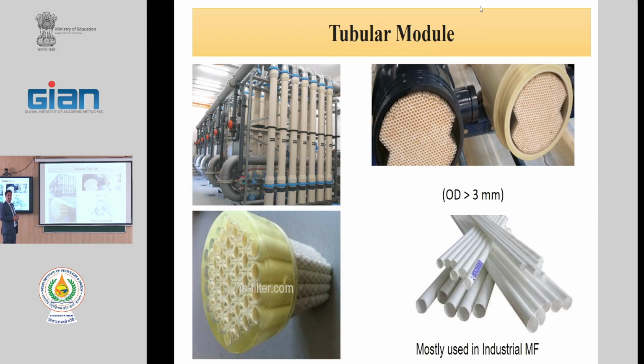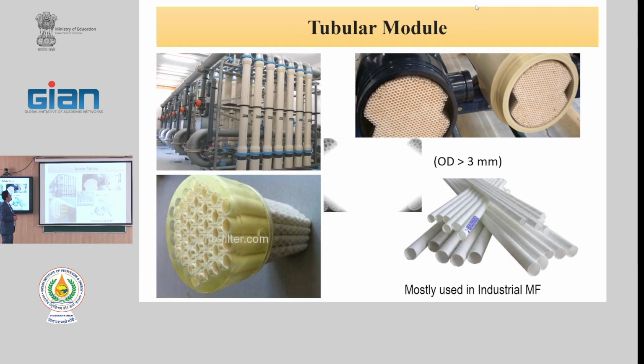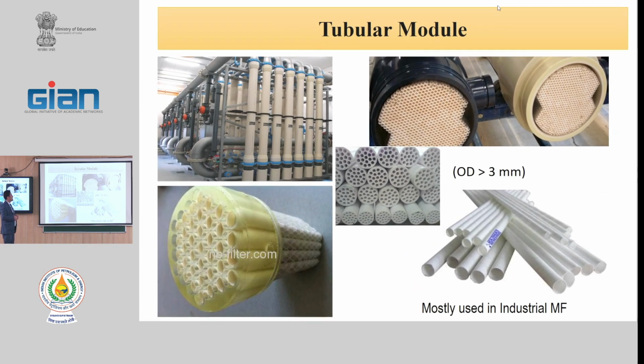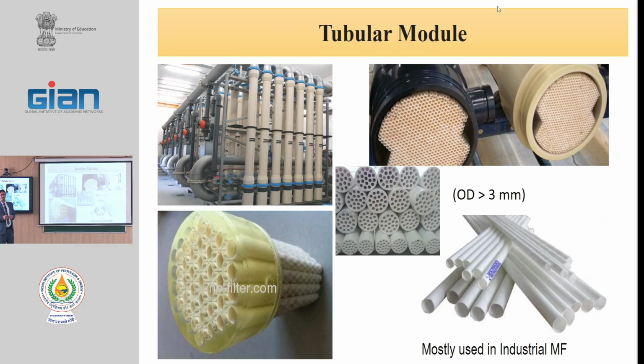It can be fabricated from polymeric materials and can also be fabricated from ceramic ones. You see these ceramic tubular modules. These tubular modules are mostly used for separation of particles, and most used in clarification of fruit juice.